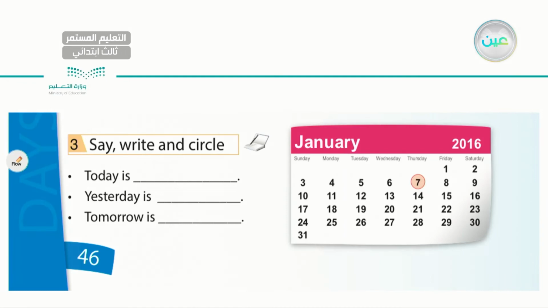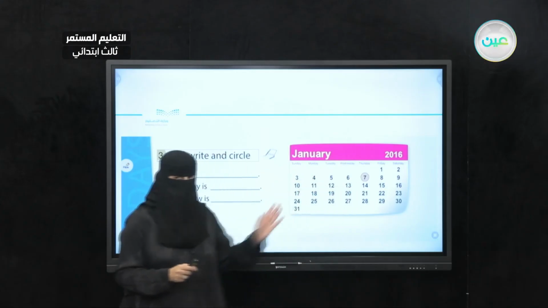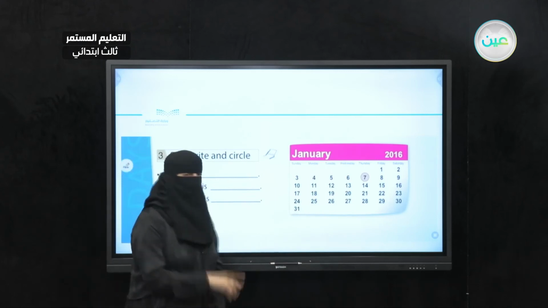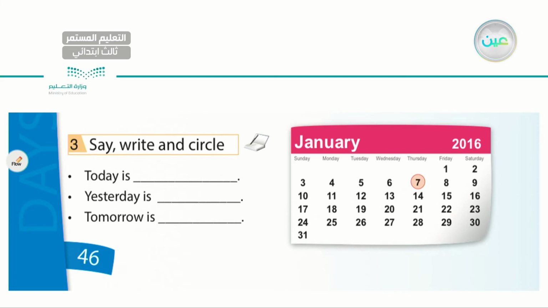Very good. Now, for the lower and the last part of page 46, number 3, say, write, and circle. Today is, yesterday is, tomorrow is. Now, we circle the answer for you. It's the red one, okay, which is number 7. Today is what? Now you have to go, as I told you before, the days are on the top of the calendar.